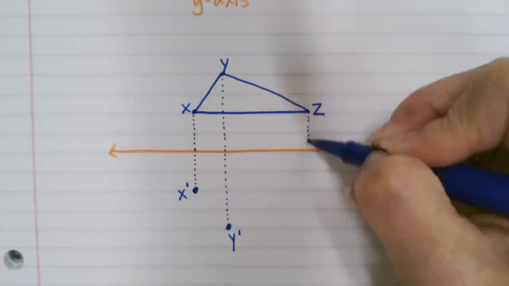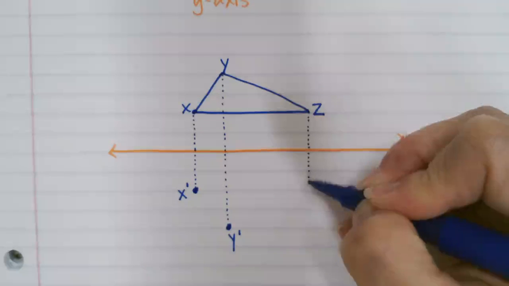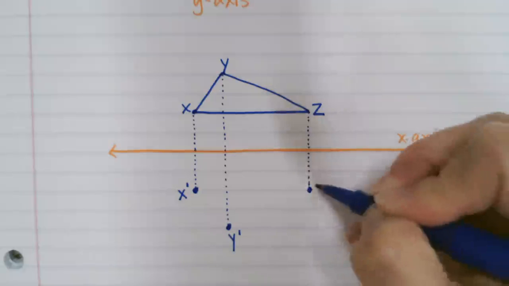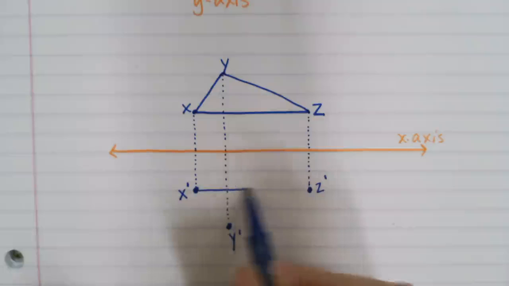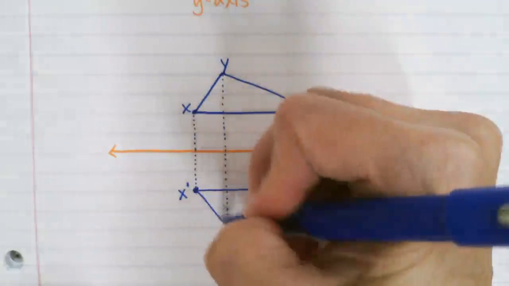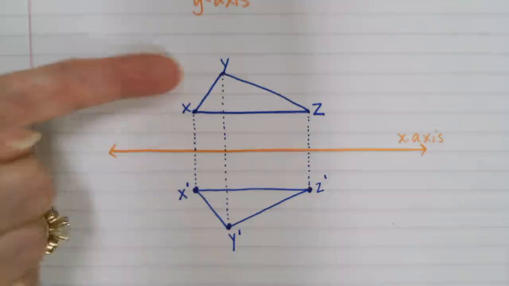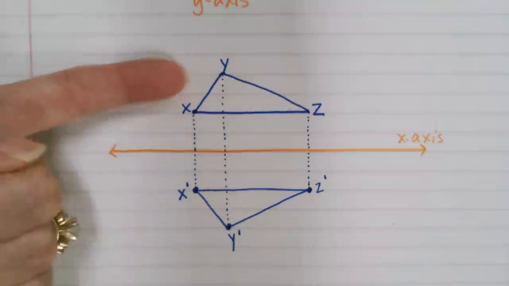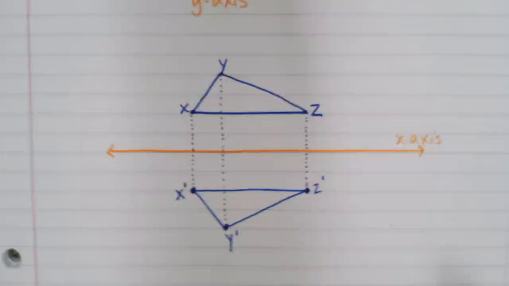Z is 2 spaces above, so its reflection should be 2 spaces below. And so now I can draw my triangle by connecting those points, and I have the reflection of this triangle over the x-axis to produce this triangle.